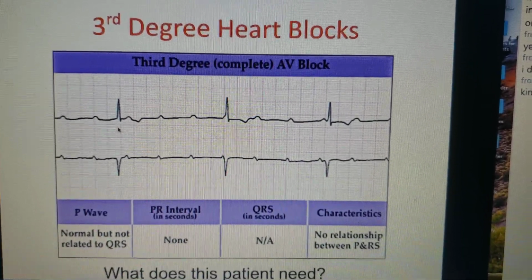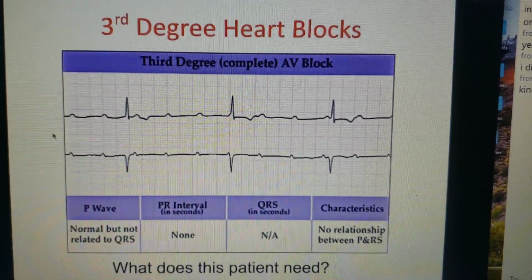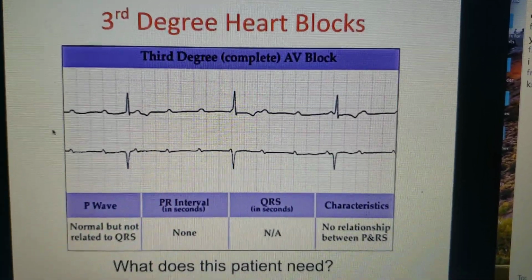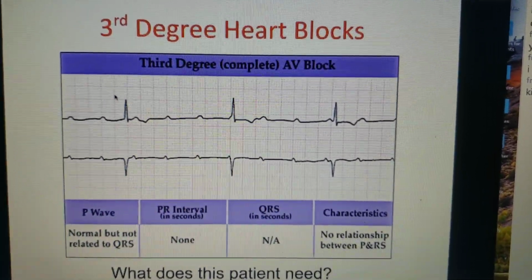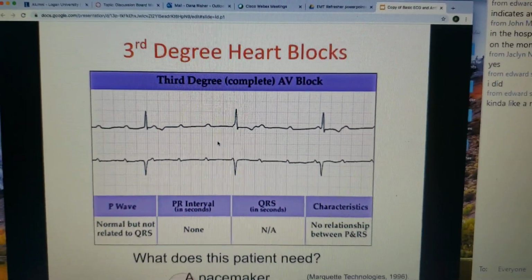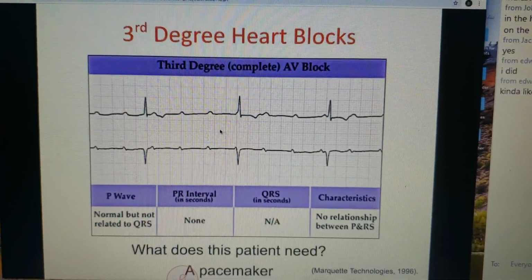What'll happen is, because there's no relationship between how everything is firing, they're going to go in and regulate it, because it slows down the rate so much that the person can't deal with that. Look, a rate of 30. Can anyone in here do a rate of 30 and be okay with that? Do you think you're going to perfuse adequately at a rate of 30?